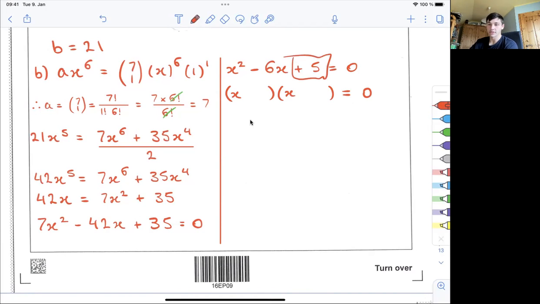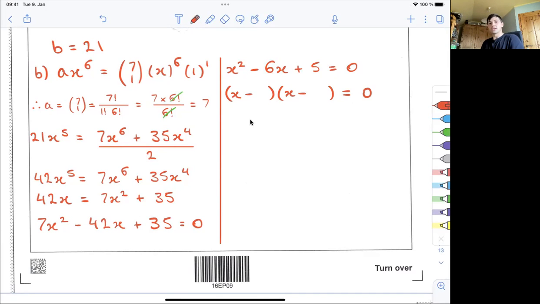It is positive, which means the signs within our brackets have to be the same. If it was negative, they would have to be different. The same means plus and plus, or minus minus. How do you figure that out? We go to the b term, and we see that it's negative, so we're going to need minus minus.